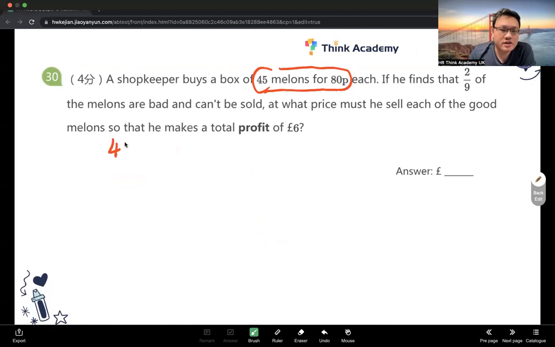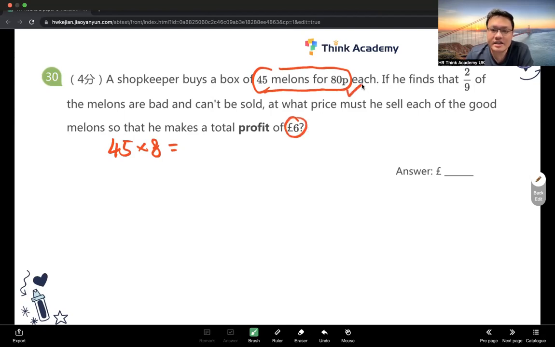You need to use 45 times 80. That will be the total cost. And if he finds that two ninths of the melons are bad and cannot be sold, at what price must he sell each of the good melons so that he makes a total profit of 6 pounds?